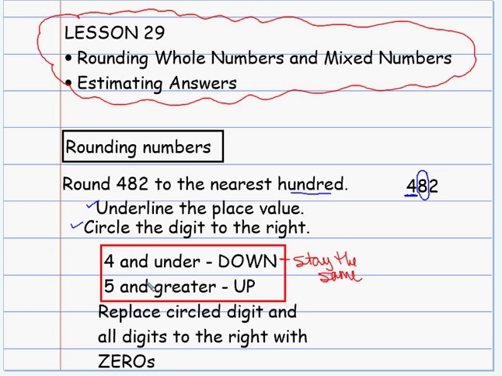Did that. If it's 5 or greater, we're going to bump the other digit up. Okay, so we're going to bump that one up. So this becomes a 5. And then we'll replace the circled digit, the 8, and all digits to the right with zeros. So rounded to the nearest hundred, 482 becomes 500.